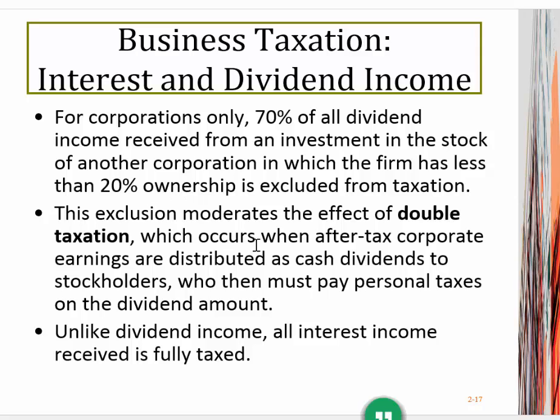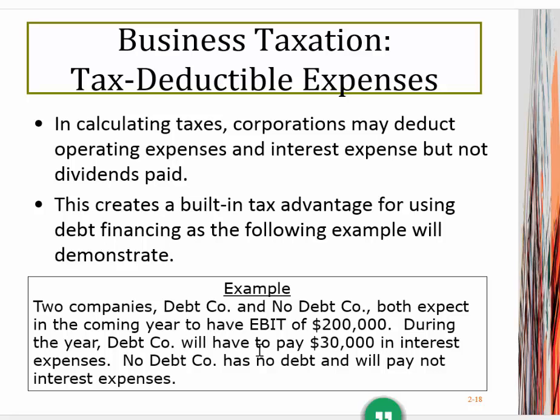What this does is essentially offset some of the impact of double taxation. Unlike dividend income, all interest income received is fully taxed. So the tax burden on interest income is huge, especially for a big corporation. So most large corporations will not invest in the bonds of other corporations.